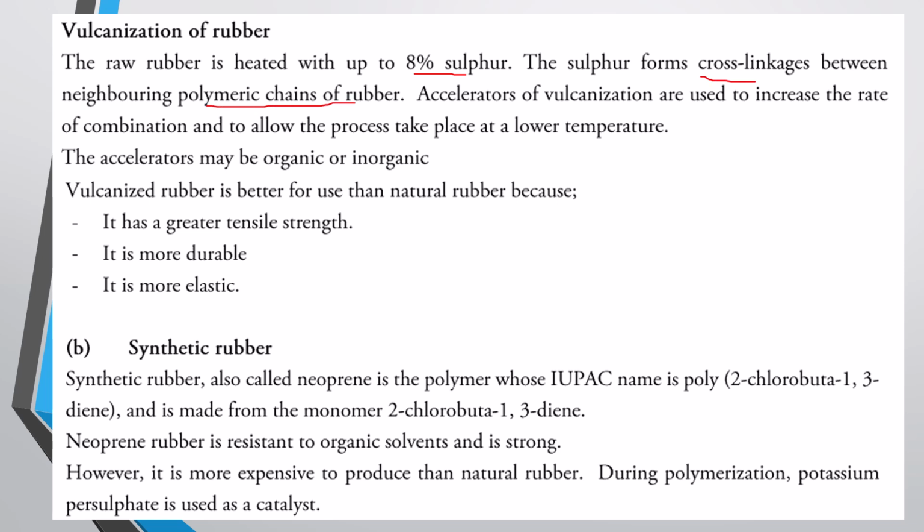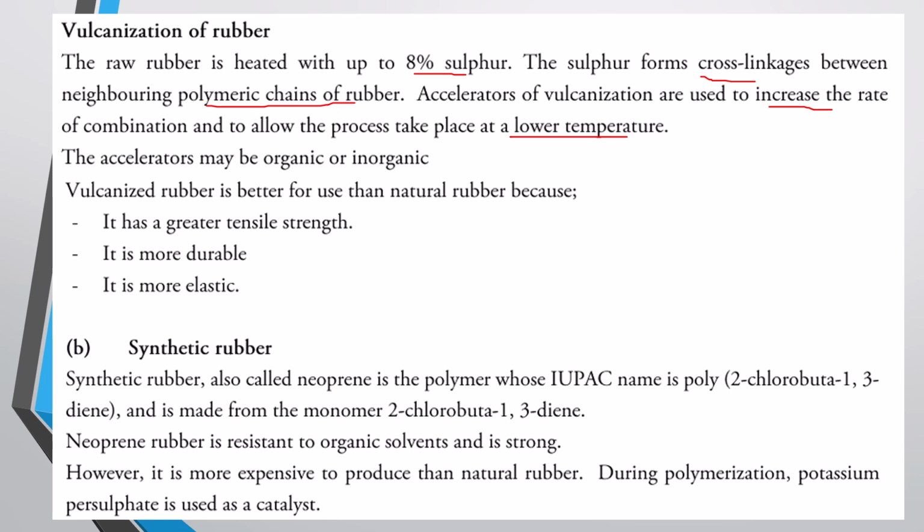Then accelerators of vulcanization are going to be used so as to increase the rate of combination and to allow the process to take place at a lower temperature. So what you should note here is that we are heating our rubber with 8% of sulfur, and the purpose of this sulfur is to form cross linkages between the neighboring polymeric chains of rubber.